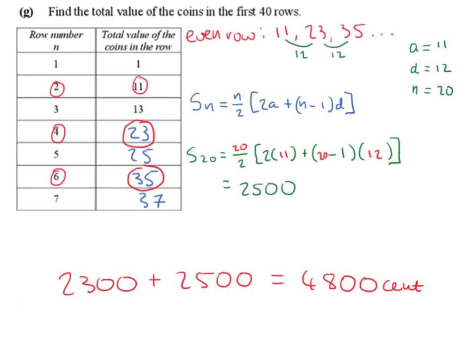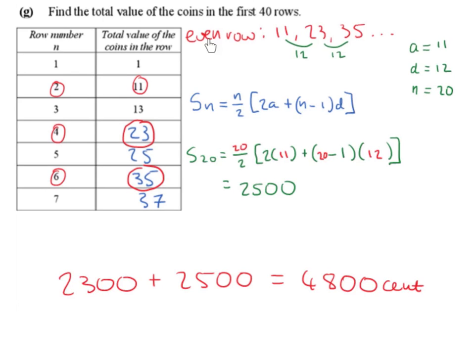And we end up getting 2,300. So we do the same then with the even rows. So the even rows being 2, 4, 6, 8, and so on. And we've got 11, 23, 35 as our sequence. So we've got 11 plus 23 plus 35 dot dot dot. So a is going to be 11, our first term. d, the common difference, is 12. And again, n is 20, because 40 divided by 2 is 20.